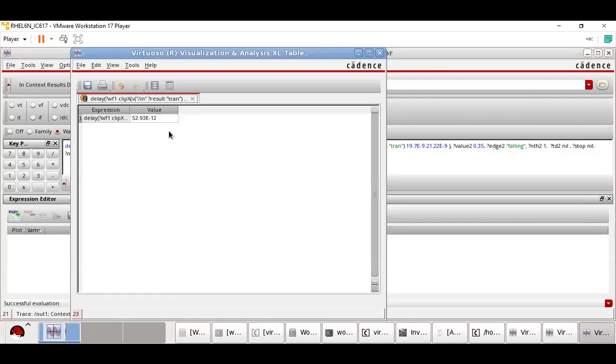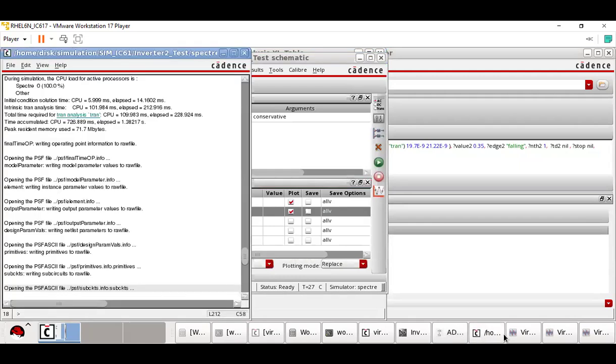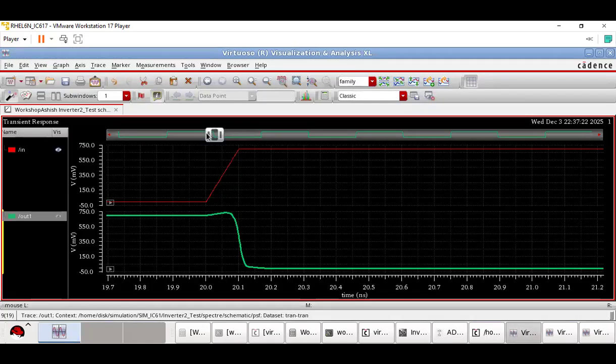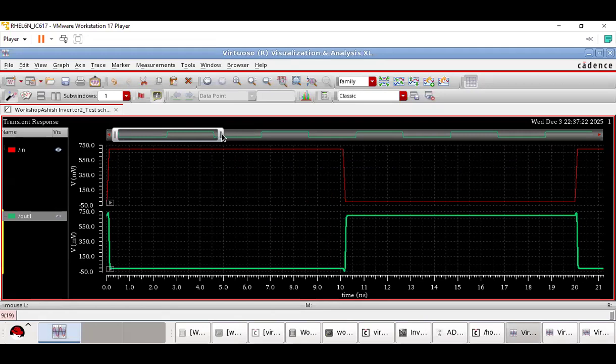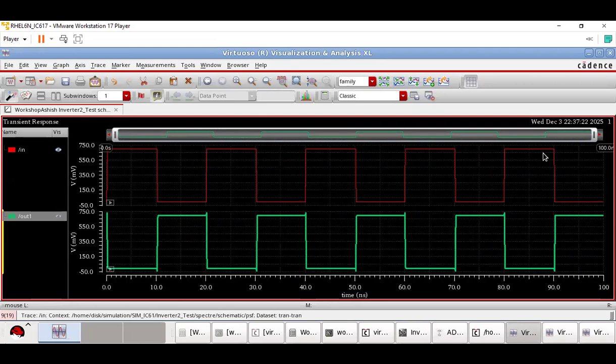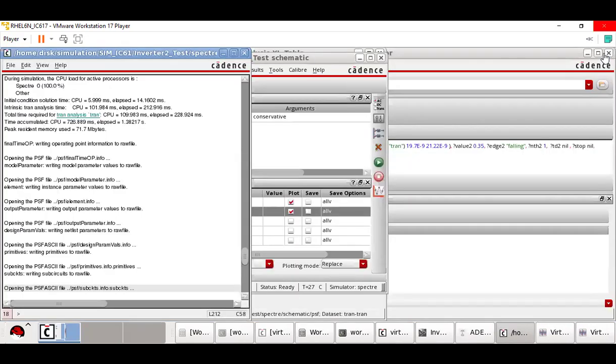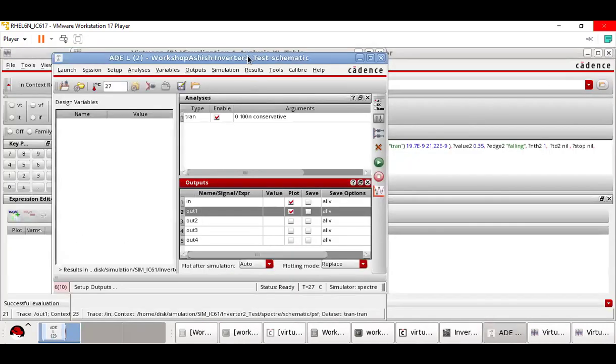This is lower. So in that case, we have seen that we can compute the delay by not considering any edge or any rising or falling, or we can compute by considering rising or falling.